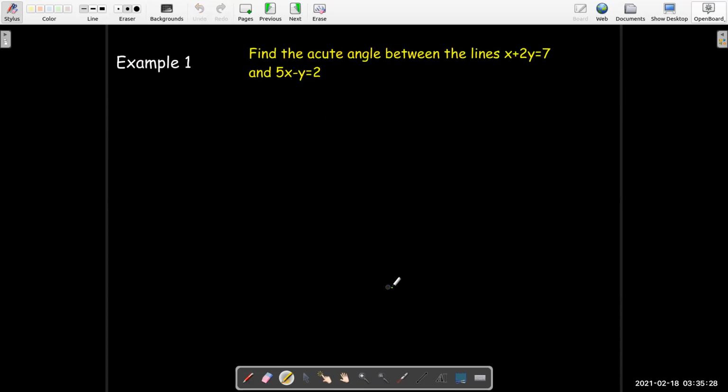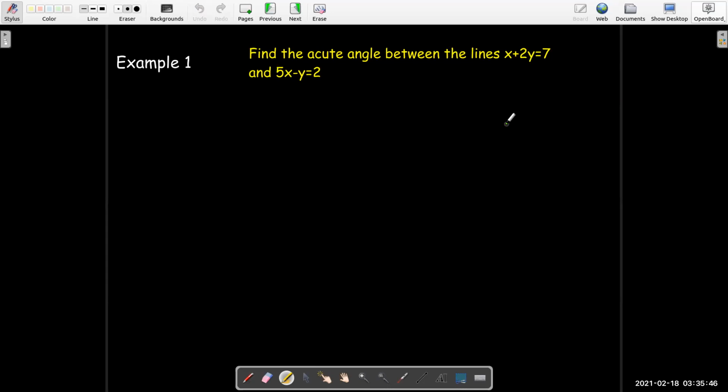So our first example is we'd like to find the acute angle between the two lines with equations x plus 2y equals 7 and 5x minus y equals 2.